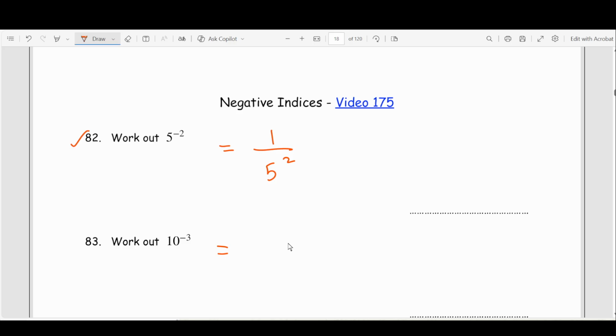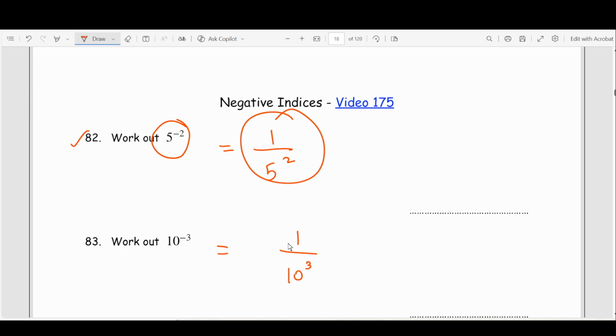Just write 1 in the numerator and like we did this one. 1 over 10 and raised to power 3.